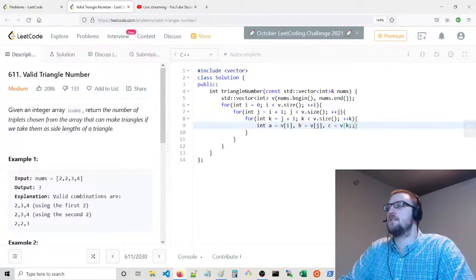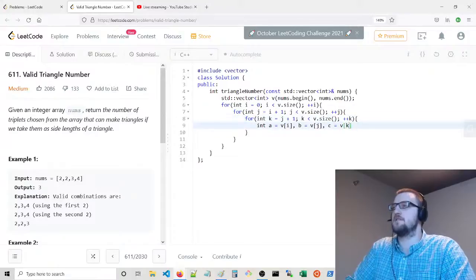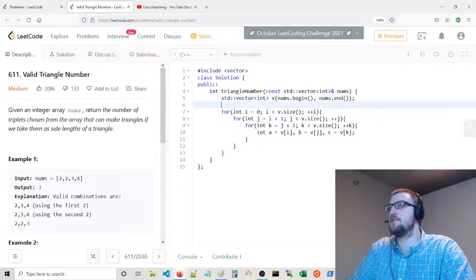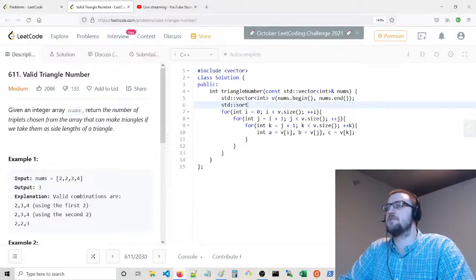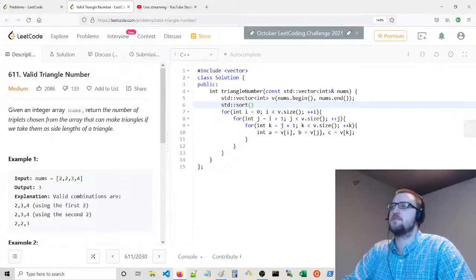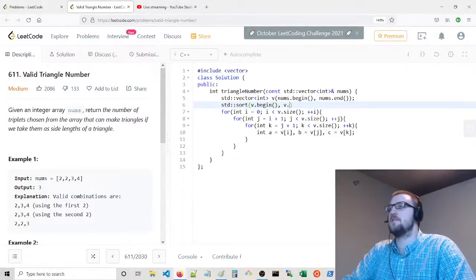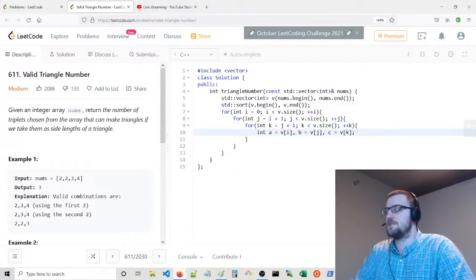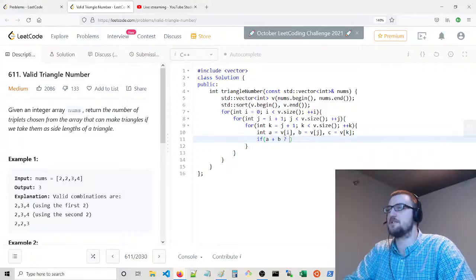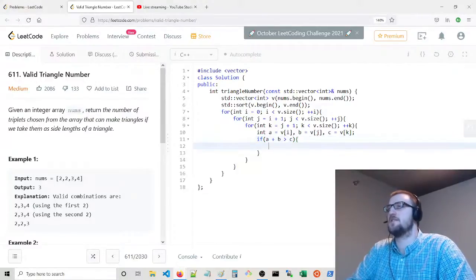We can just prove that this is going to take a while. And we're going to sort. This will guarantee that A is less than or equal to B is less than or equal to C. We sort v first. In C++, it's pretty straightforward to sort this. And now we have A, B, C, and we say if A plus B is greater than C, then we increment our count.